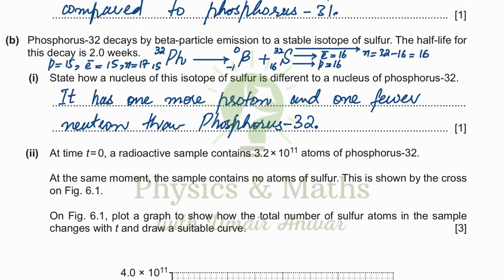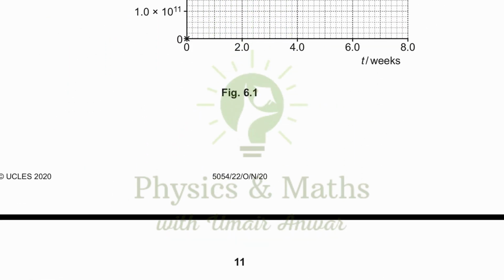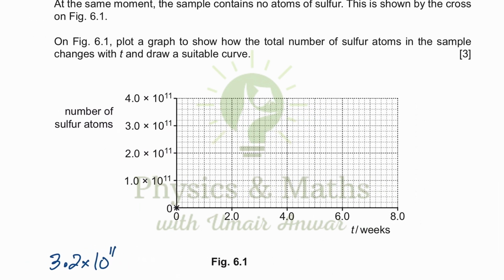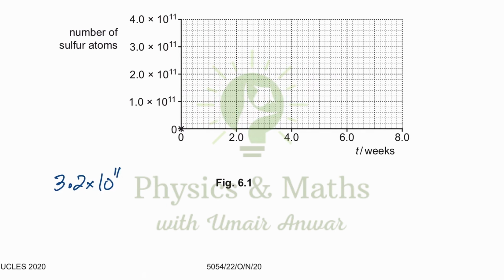Now, since the half-life of phosphorus 32 is given to be 2 weeks, initially there would be 3.2 × 10^11 atoms of phosphorus as given in the question, and they would start decaying, and after 2 weeks this would be halved. So 1.6 × 10^11 atoms would be remaining for phosphorus, and similarly the decayed atoms would have been converted into sulfur.